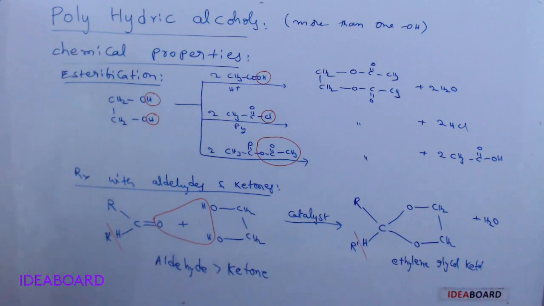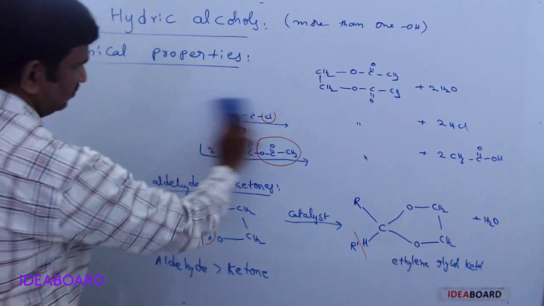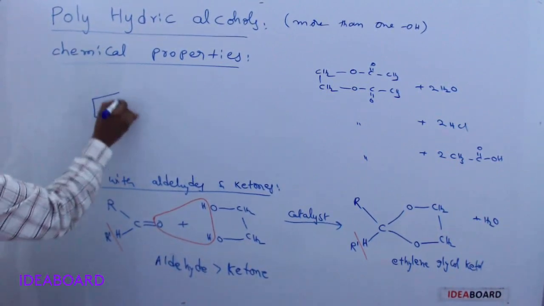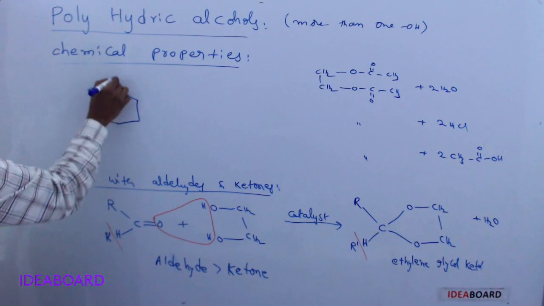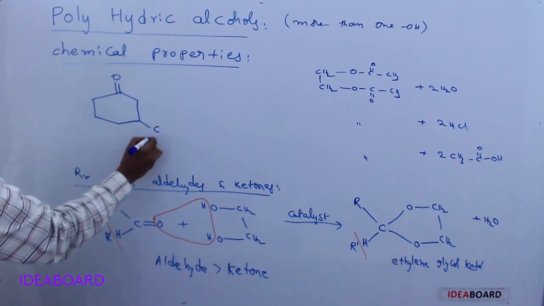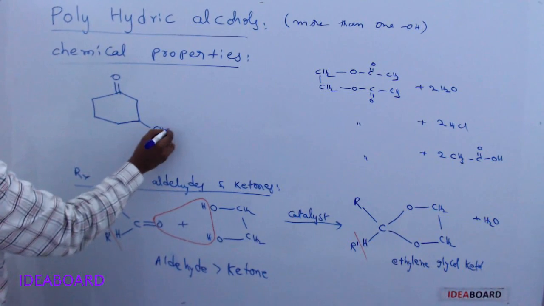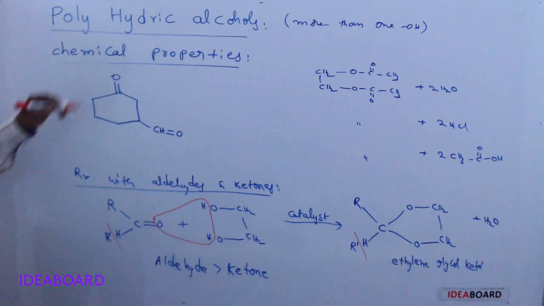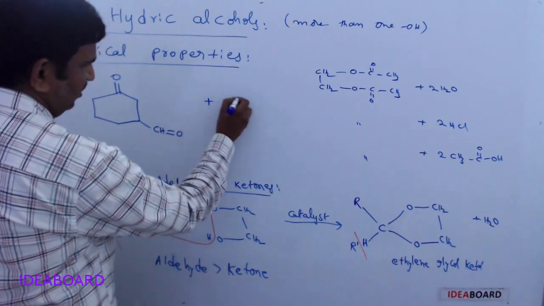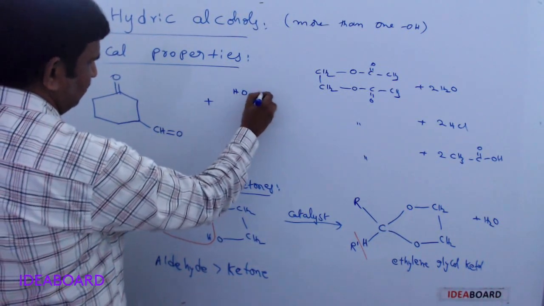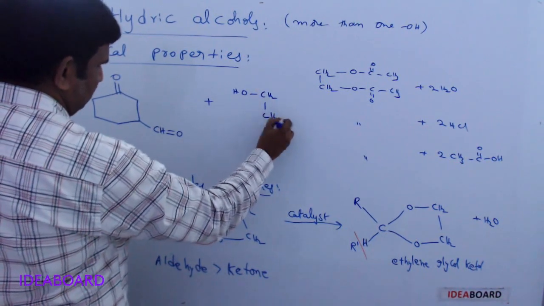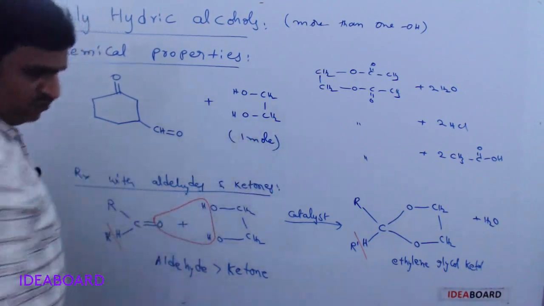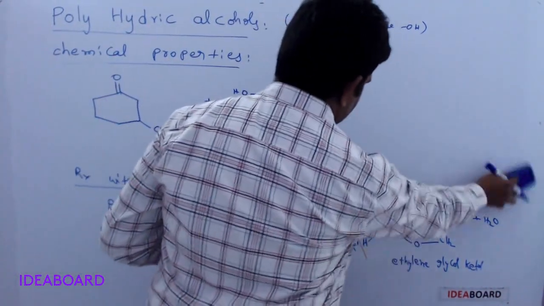For example, I will give here. This has C double bond O, and here it has CH double bond O, meaning an aldehyde group. This is the aldehyde group, this is the keto group. Whenever we take 1 mole of ethylene glycol only, CH2OH group, then what are the products formed here?